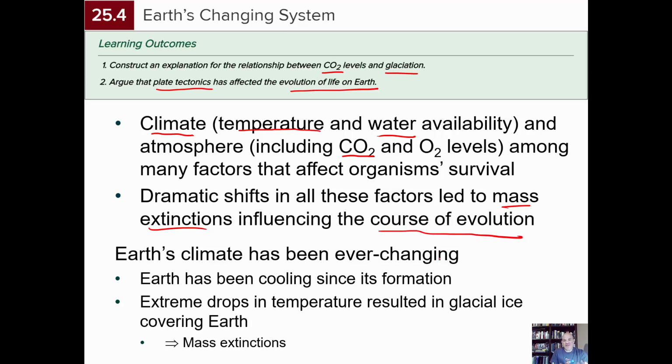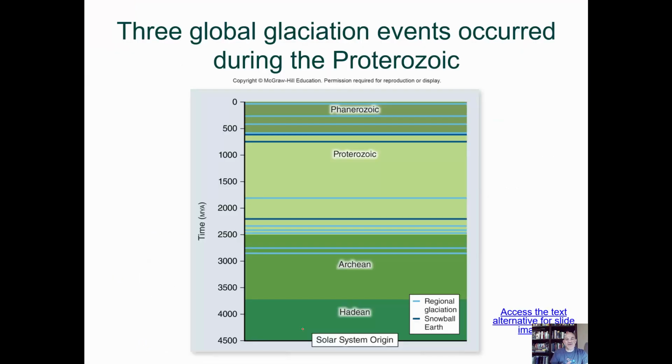Now, we know Earth's climate has been changing since the beginning. But one thing that is true is that when you have extreme drops in temperature, that's going to result in glaciation, or glacial ice, and that glaciation can lead to mass extinctions. So there's something to think about there overall. Now, this diagram does show the entire history of the Earth going back 4.6 billion years.